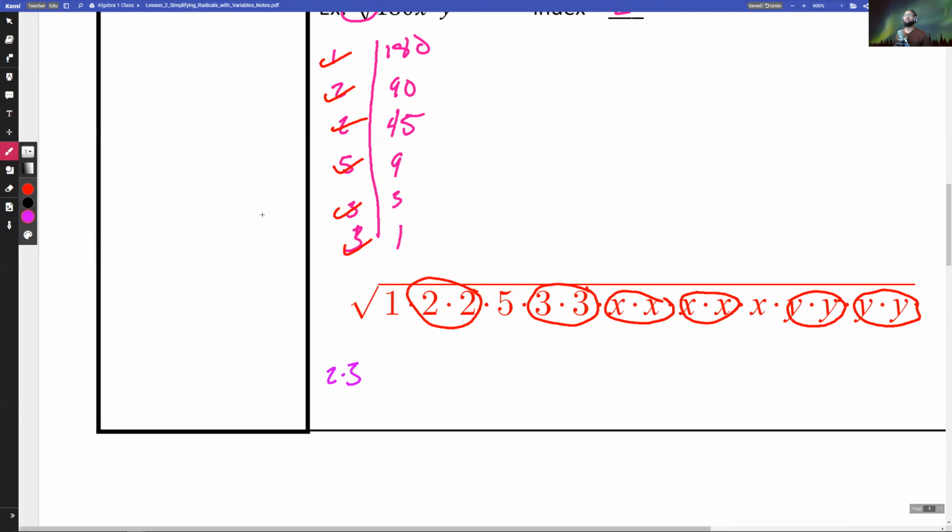And the way we do this part, we're just multiplying each of these pairs together. So I multiply my pair of 2s, my pair of 3s, times my X, this pair of X here, times my X, which is this pair here, times my Y, which is this pair here, times my other Y, which is that last pair.